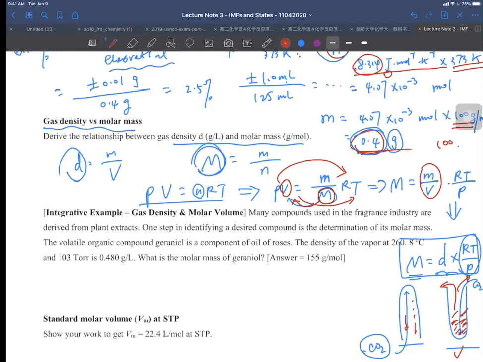Does this make sense to you? Okay, great. So I will leave this question for you to try, which is related to the relationship between the density and the molar mass, okay?